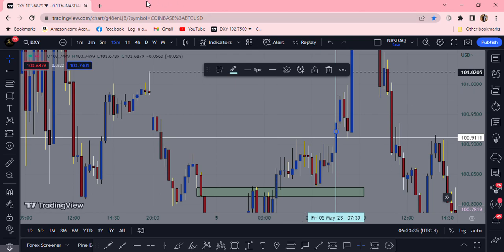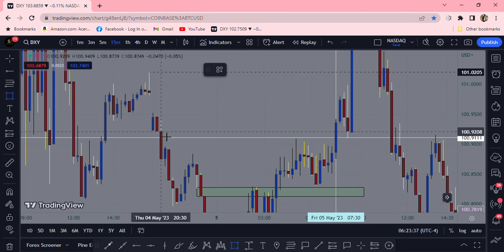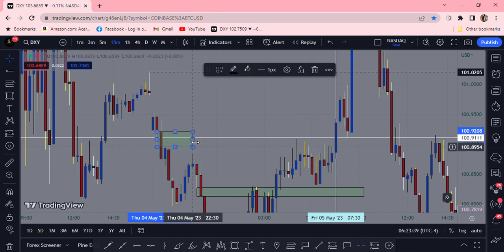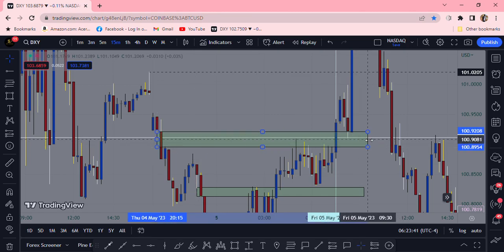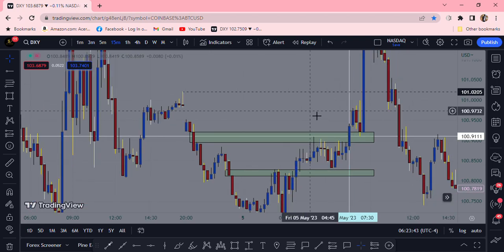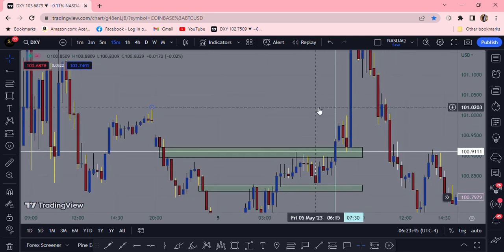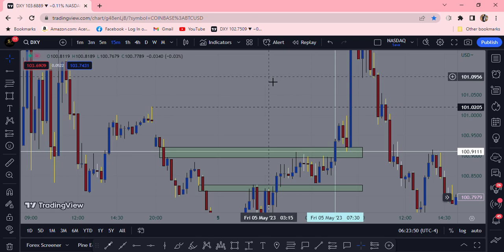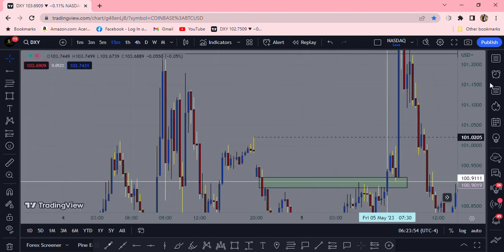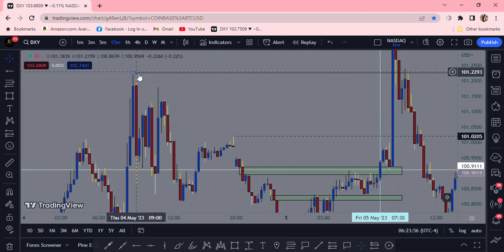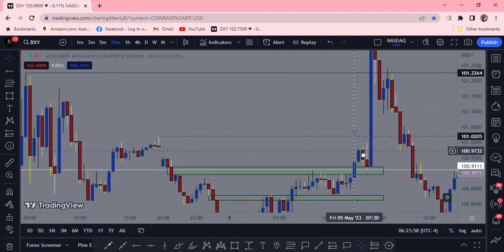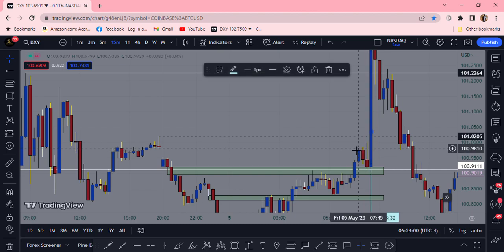So I waited for price to return to this daily support here. That's where I sent out a signal to my group that the DXY data released at 8:30 is bullish, because I'm targeting these buy stops to be taken out. And guess what happened at NFP? It shot right up.